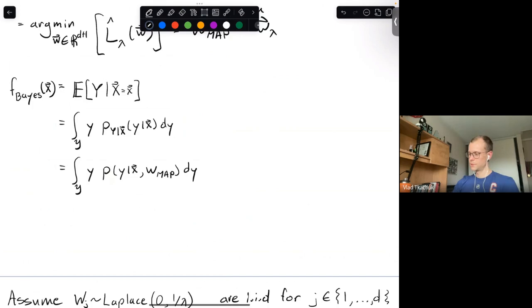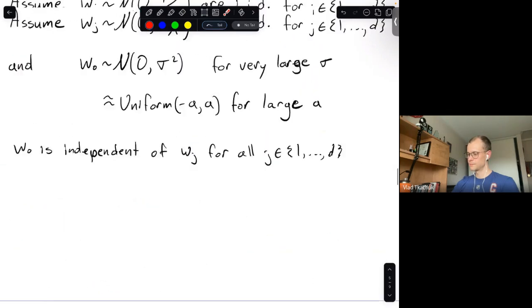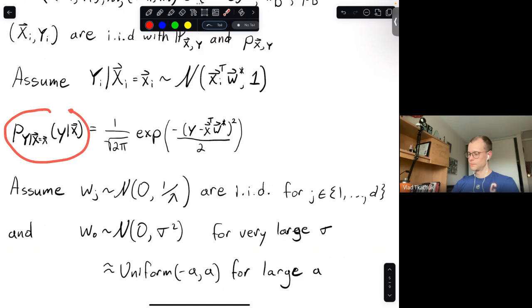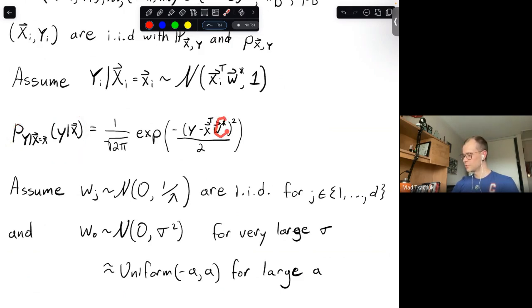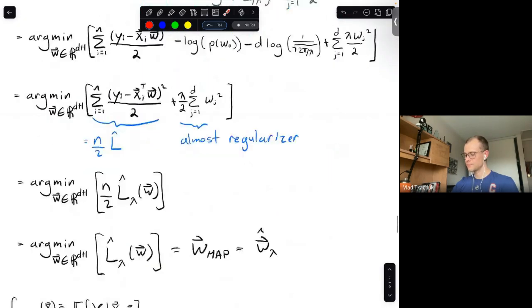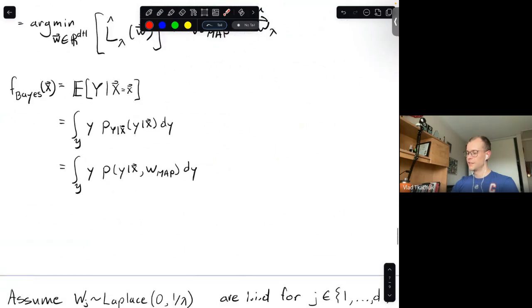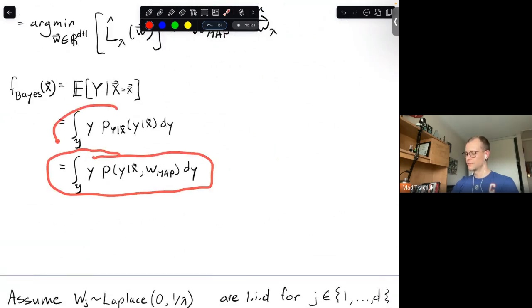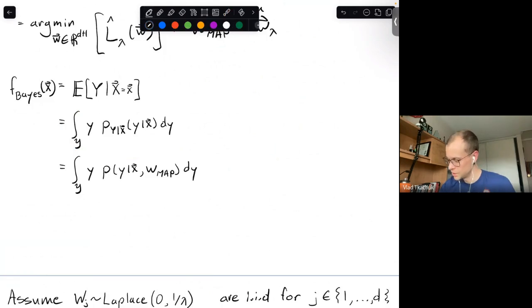So this is the normally distributed conditional, y given x, but with not W star plugged in, but with W map. And so what we will find, similar to MLE, is that this equation now looks very, very similar to this. There's an approximation here, of course.